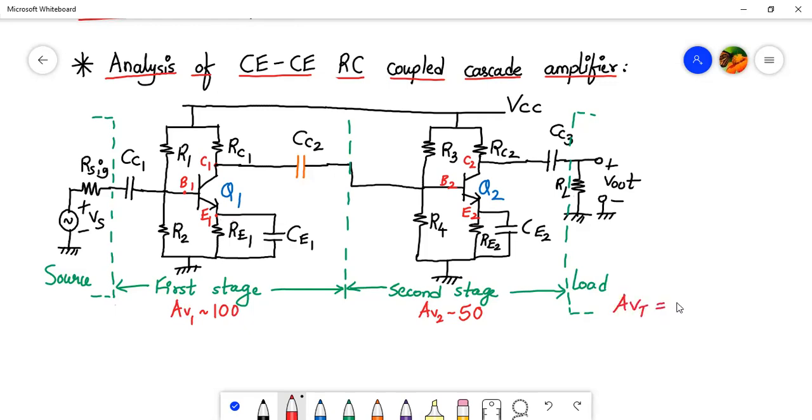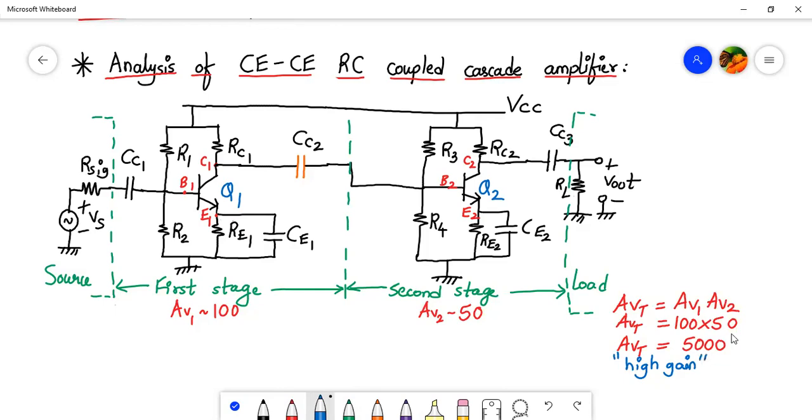The total voltage gain of a cascade amplifier will be AV1 into AV2, and that will be 100 into 50, which comes out to be approximately equal to 5000. So such a high gain is possible in a common emitter cascade amplifier. So that's the advantage of a common emitter RC coupled cascade amplifier. Fine. So it provides a very high gain.